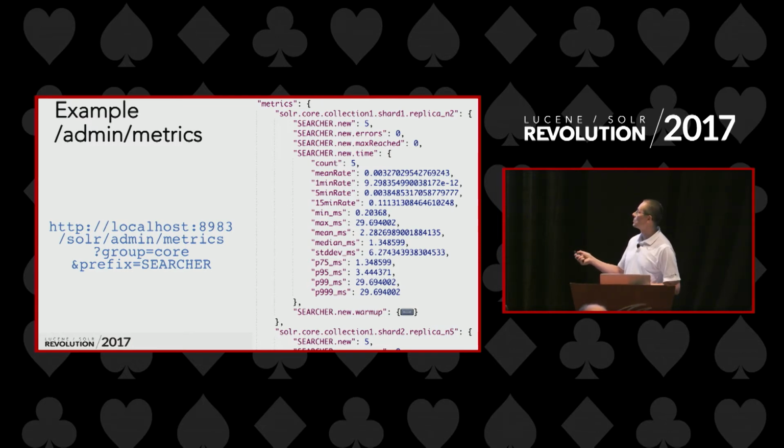So I have an entry that corresponds to Solr Core Collection 1, Shard 1, Replica 2. And I have another entry here, Solr Core Collection 1, Shard 2, Replica 5, right? I collapsed some of these sections, otherwise it would be minuscule. And here we have metrics that all start with the searcher prefix. So yeah, it worked. And inside, for example, the timer, we have the count and moving averages, right? And histograms.